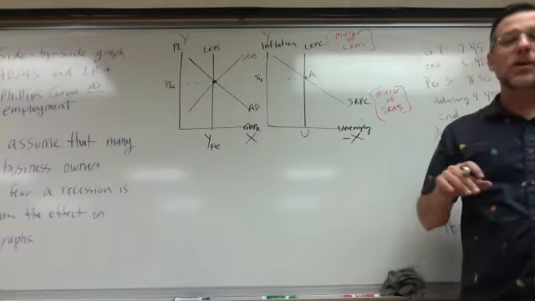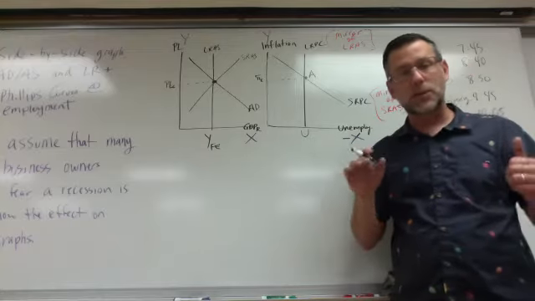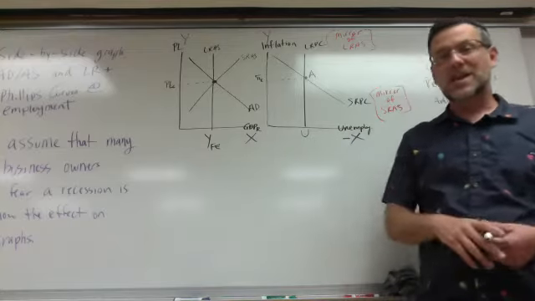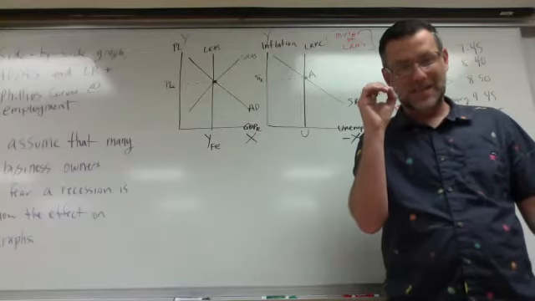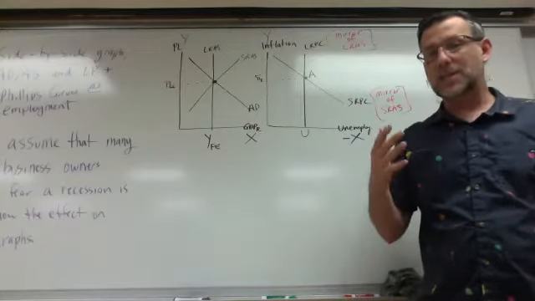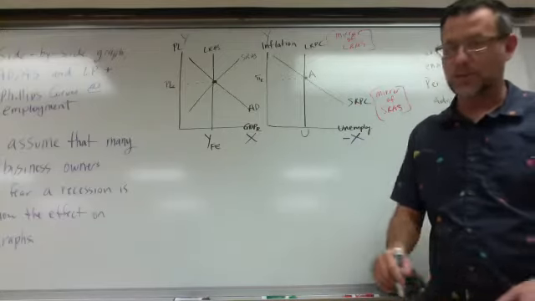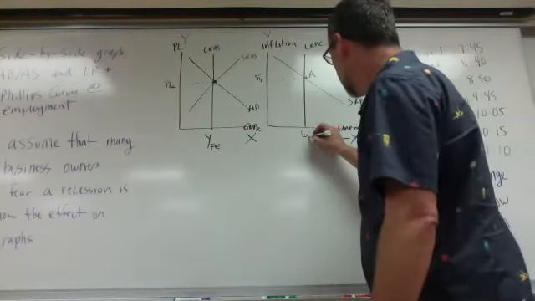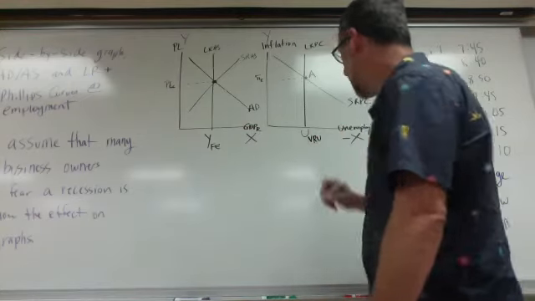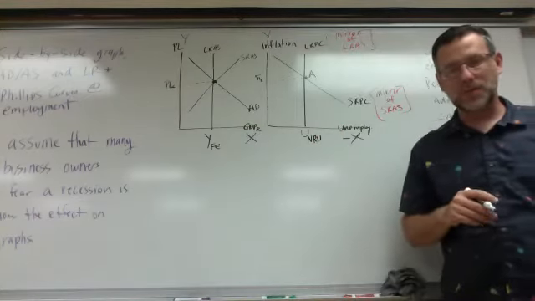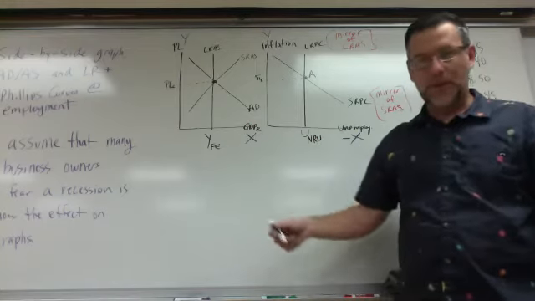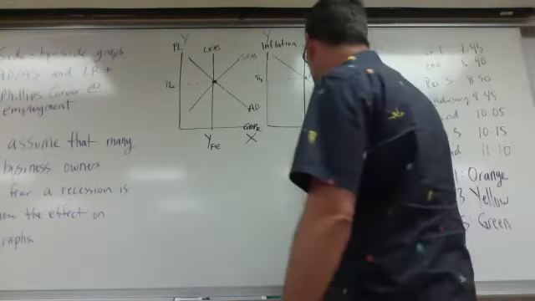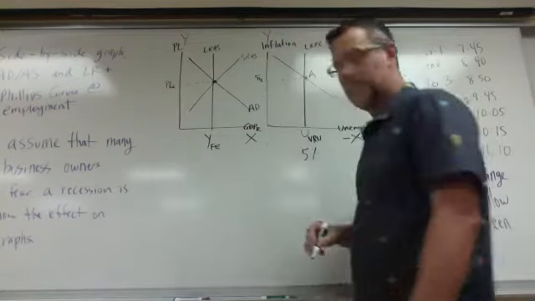We don't have more people looking for work than jobs, that it's totally balanced. In other words, cyclical unemployment is neither positive nor negative, it's zero. We just have the frictional and the structural. We call that the natural rate of unemployment. In other words, the rate of unemployment at full employment. For the United States, we typically are going to just say that that's about 5%.